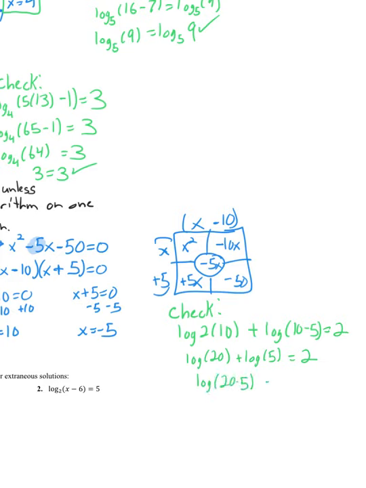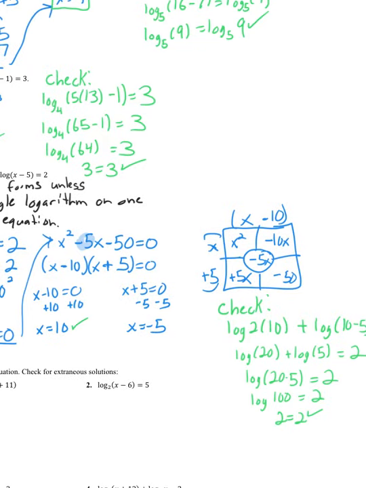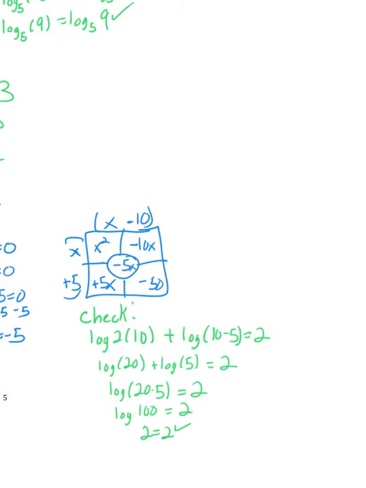Log of 20 times 5 equals 2. 20 times 5 is 100. And then we have log base 10 of 100, which indeed does equal 2. So that's perfect. That one checks out. 10 is an answer. Let's check -5, the other one.